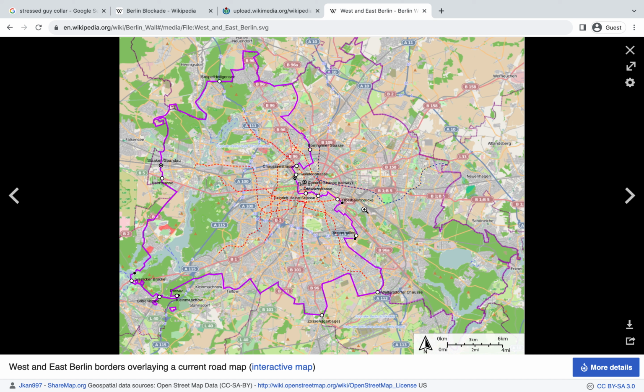I see crumbling buildings around me. It's just really bleak to live here. And then I'm able to go to West Berlin. And when I look in West Berlin, the Americans, the French, and the British have all basically rebuilt the city.